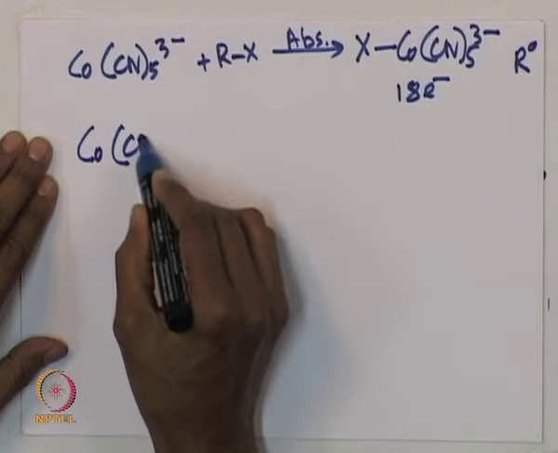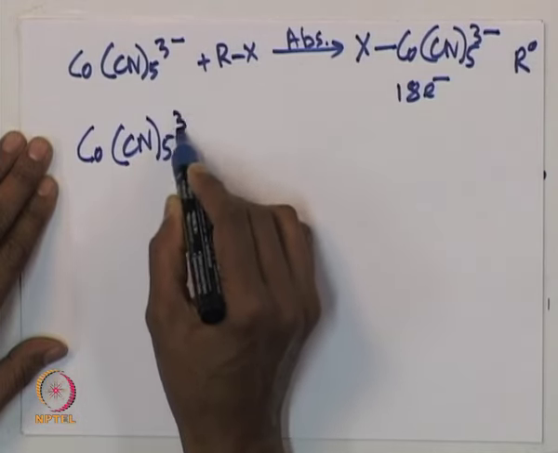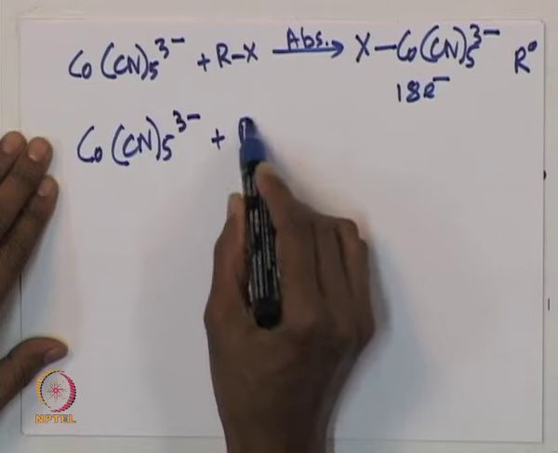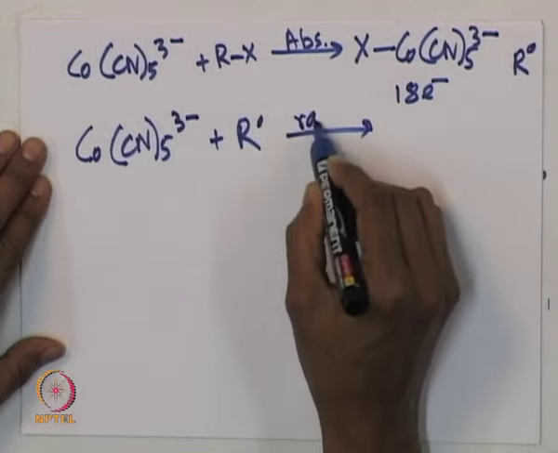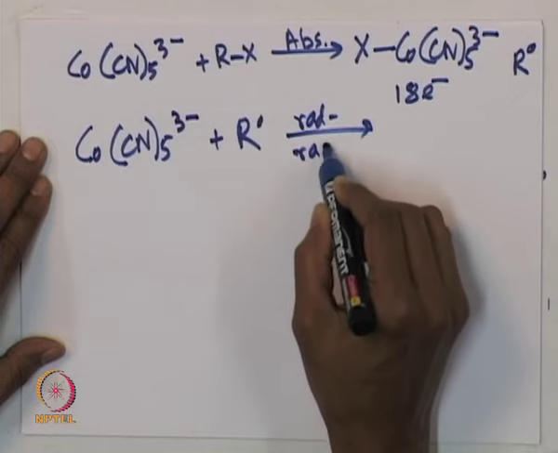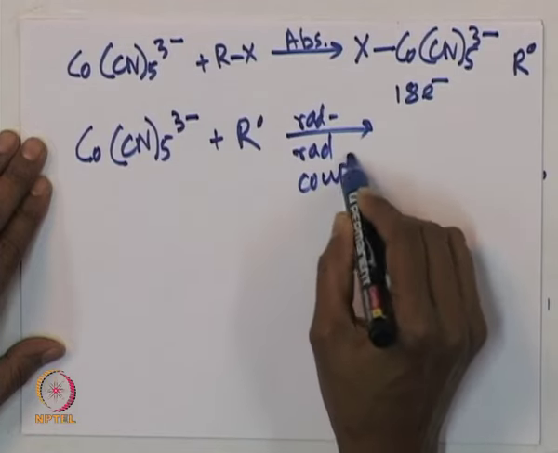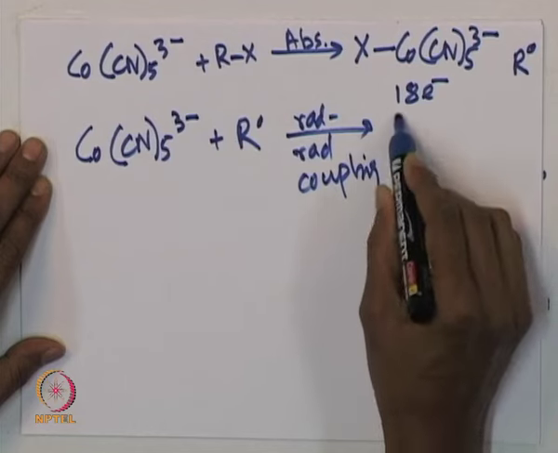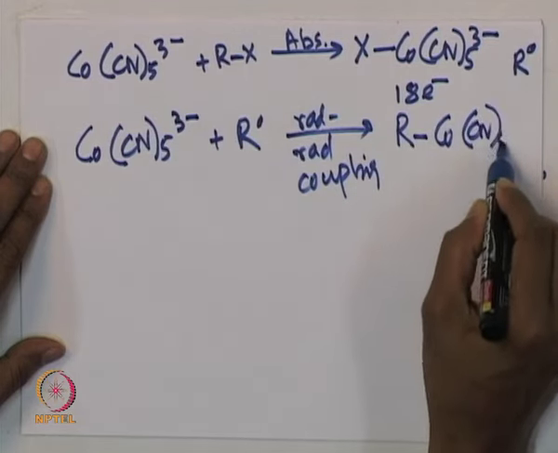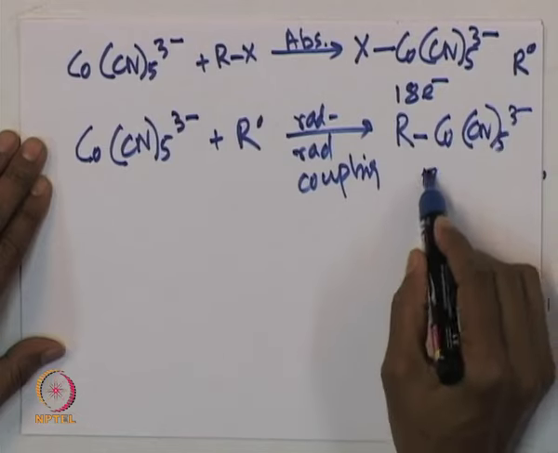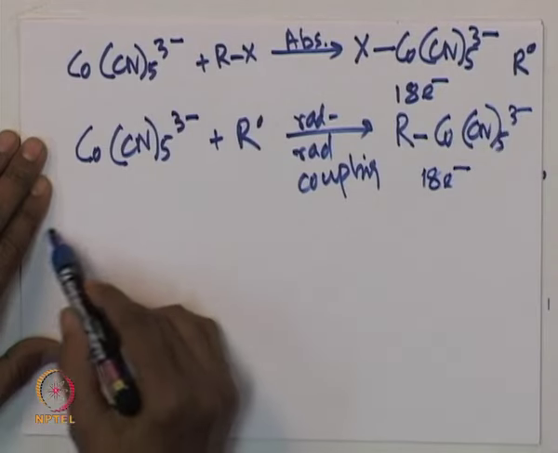Now, another molecule of Co(CN)5 3 minus will react with that R dot, so-called radical coupling, and finally we will get RCo(CN)5 3 minus. Of course, this is again an 18 electron species.